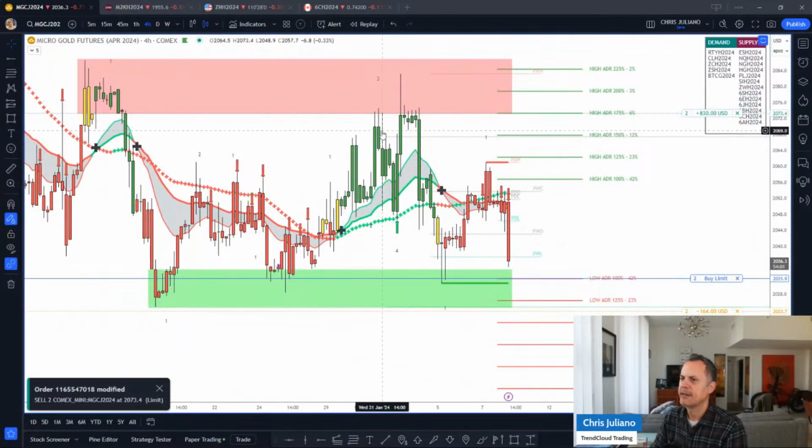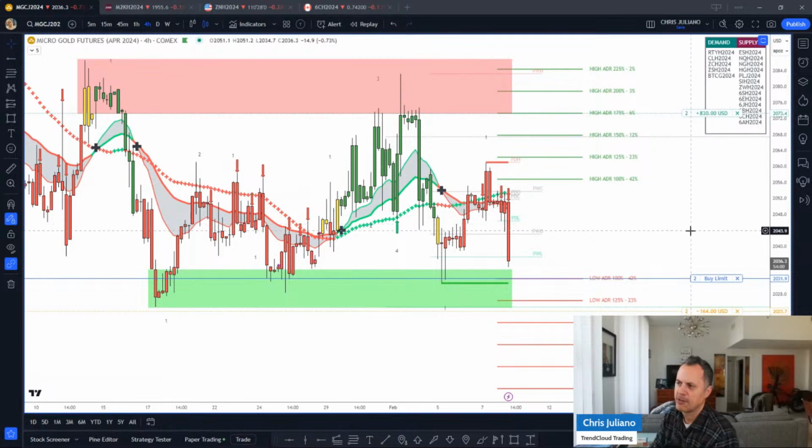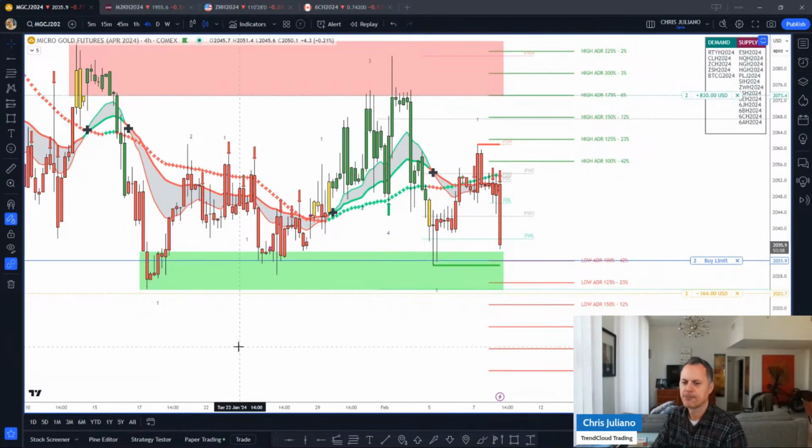So there's a lot of asymmetrical leverage. There's a lot of potential here. And the reason why we can take that trade is mostly because it's already in a sideways movement.